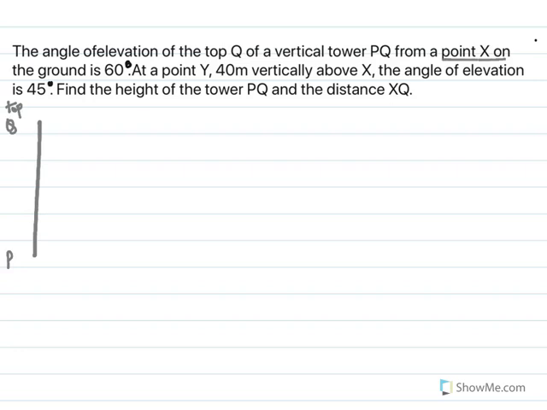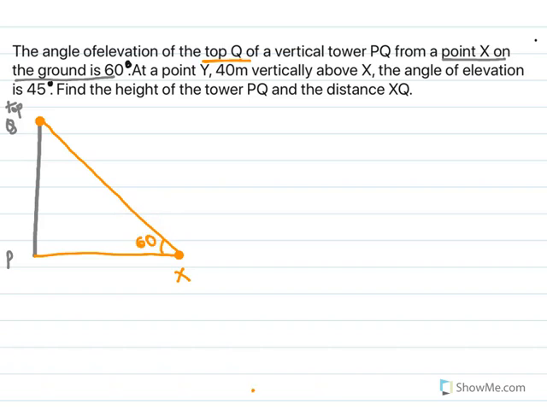From a point X on the ground, the angle is 60 degrees. So there is a point X on the ground here, and from this X I am watching the top of the tower. So this angle of elevation is 60 degrees with the horizontal and the line of sight.